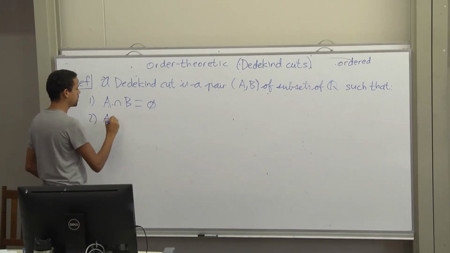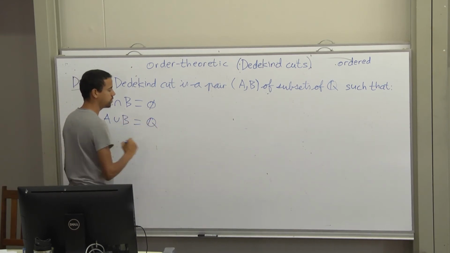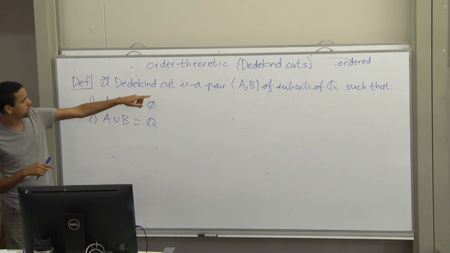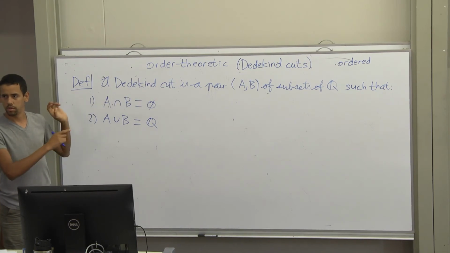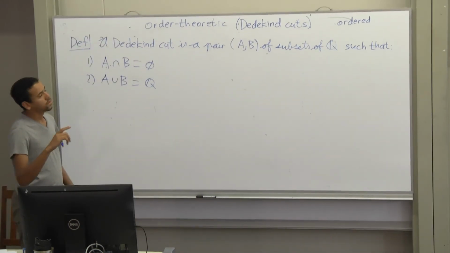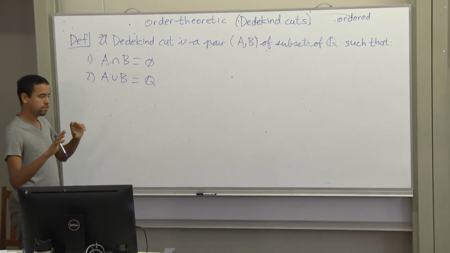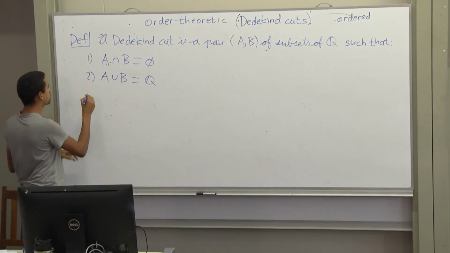So A union B would give you the whole set of rational numbers. So those two subsets A and B, they form a partition of the rational numbers. So, do they both go, one to infinity and the other one to minus infinity? That's actually basically the idea. So we're not finished with the conditions yet, but basically that's what happens.